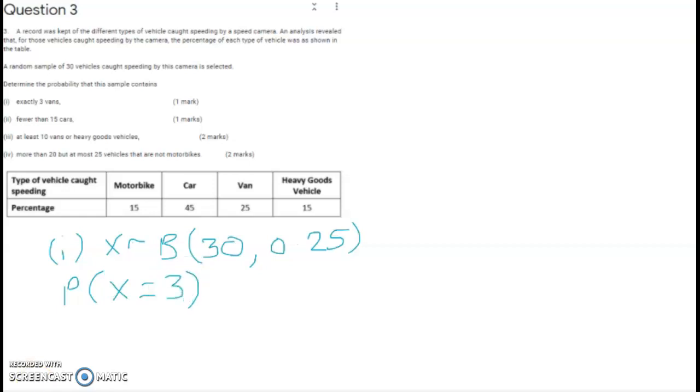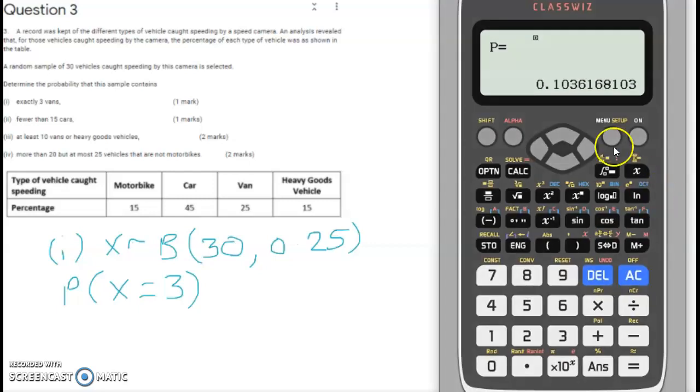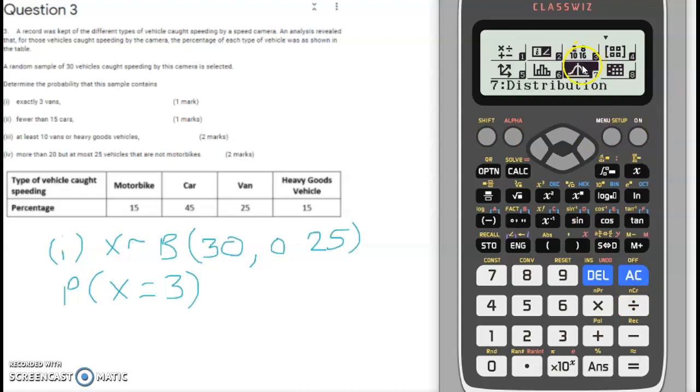For this, we can either use the binomial formula or we can use our calculator. If I go to my menu, I go to number 7, which is distributions, and because it is asking for exactly 3, that is a precise distribution, so I'm going to use binomial PD, number 4.